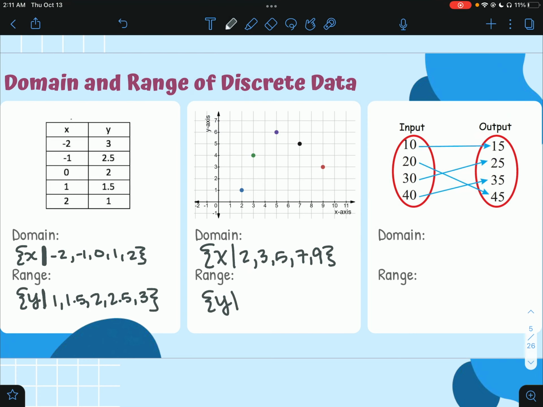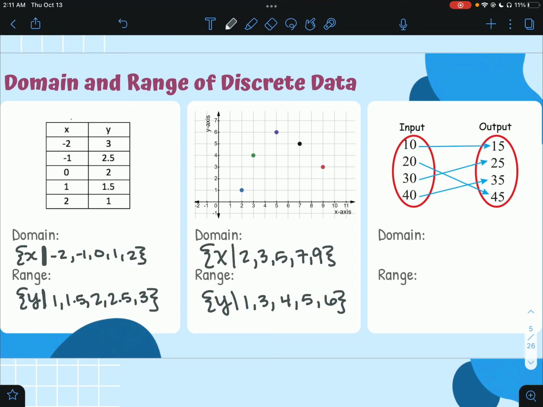So we're going to have from 1, our red y value is 3, our green is 4, our black is 5, and our purple is 6. So we've listed our y values.